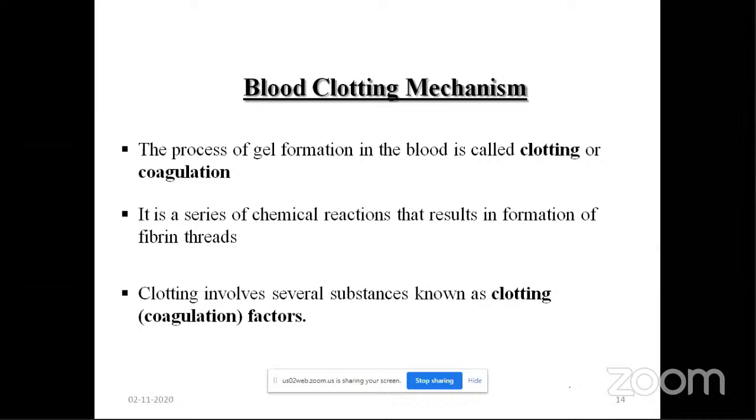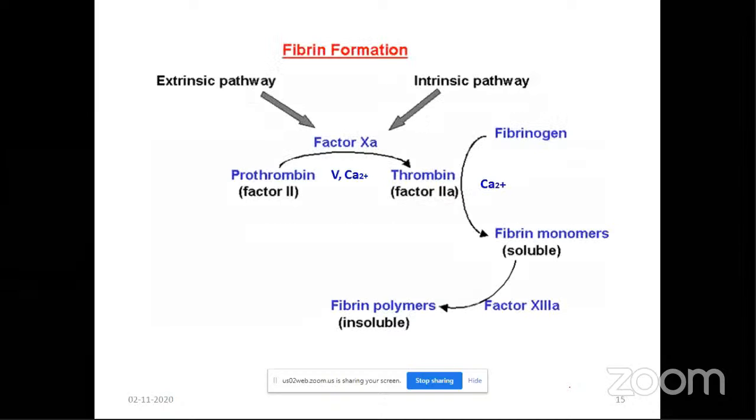This entire network of fibrin fibers traps the platelets, so it is consolidating the primary platelet plug, and it also traps RBCs, WBCs, etc. at the site of vessel injury, and thereby it forms a stable secondary hemostatic plug. Okay, so clotting involves several substances which are called coagulation factors or clotting factors.